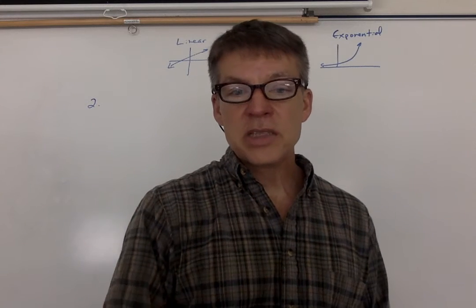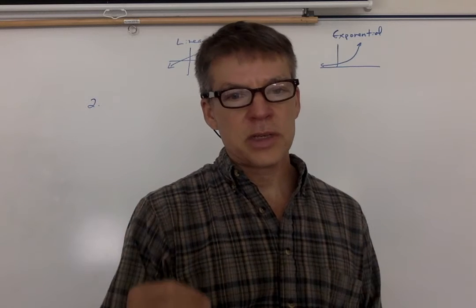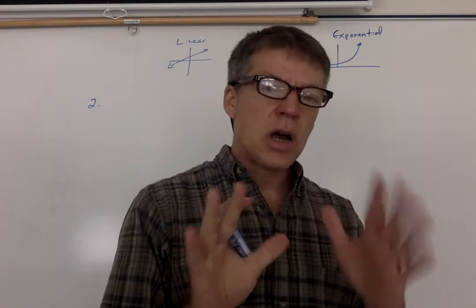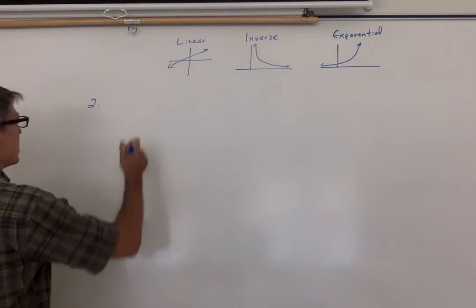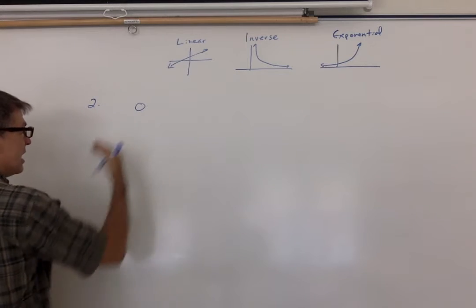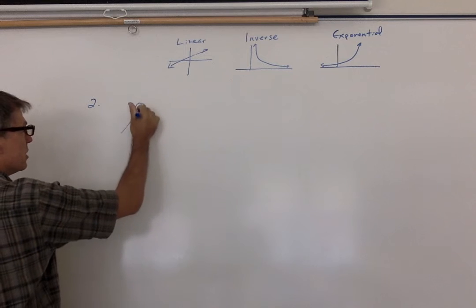So let's make a table of this, and I'll show you. I figured you guys would be a little bit confused by that situation. So I'll draw it out for you so you can see it, okay? So here's what's happening. You got 1 bacterium, right? And then after 1 minute, it reproduces by splitting in half.